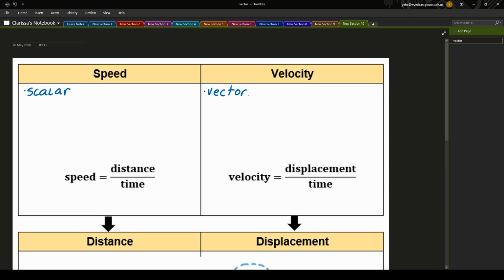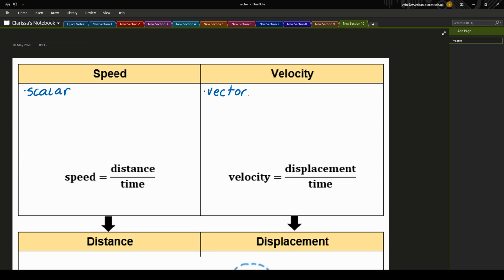That's it. But a vector quantity has magnitude, so how much, but it also needs to be specified in a particular direction. So in a scalar quantity, direction doesn't matter. If you're changing direction or anything like that, that doesn't matter. But with a vector quantity, any change in direction does matter. It makes a huge difference in what the final measurement is going to be.